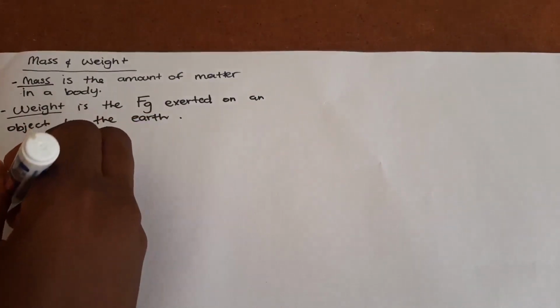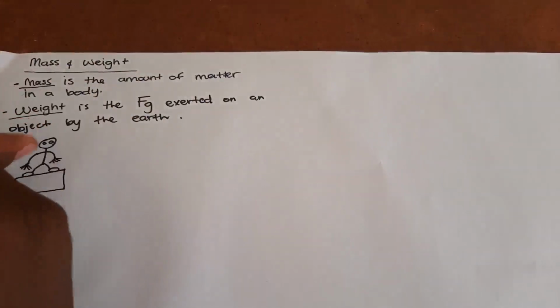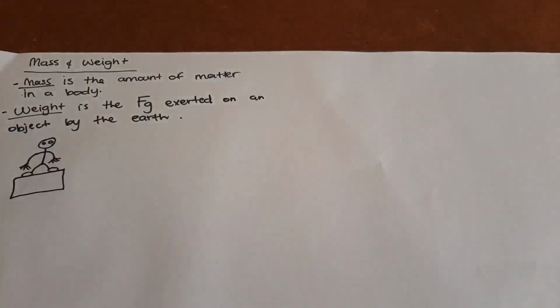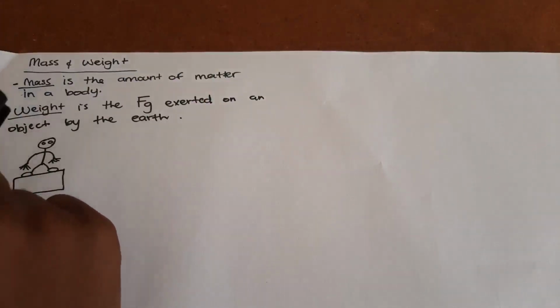Again, many people like to confuse this. When you're on a scale, you are checking your mass. You're not checking your weight. Or you can say you're checking how much you weigh, meaning how much gravitational force acts on you.